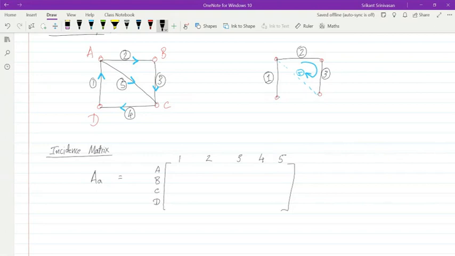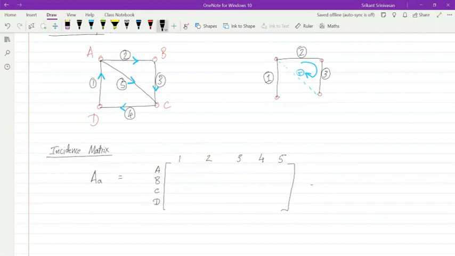So how do we put these elements? We'll have some rules for that. The rules will be that we are going row by row. So first I'm going to calculate for A, then B, then C, then D. So first I'm observing A.